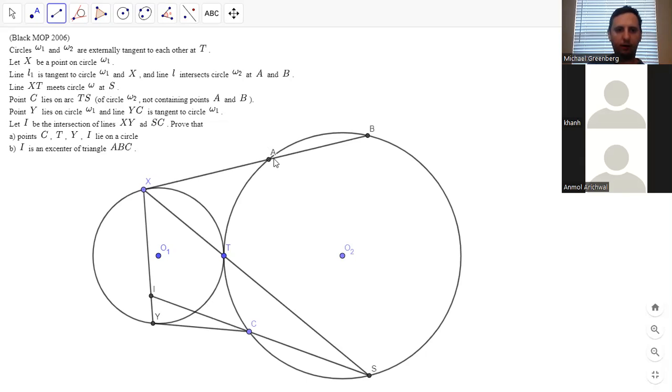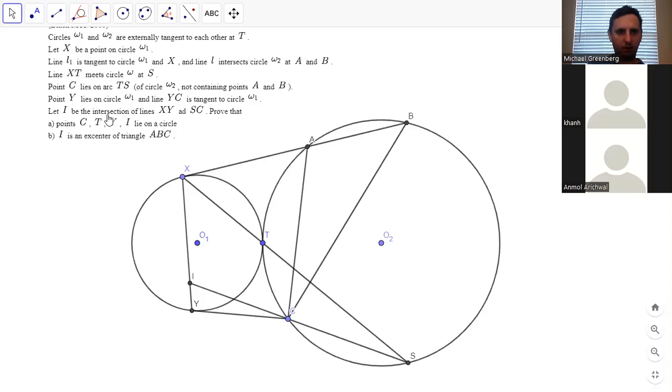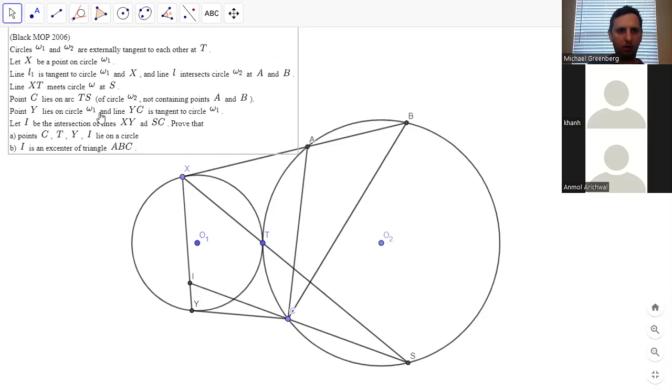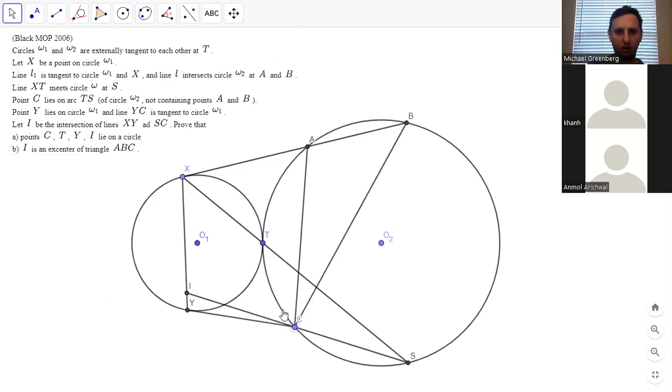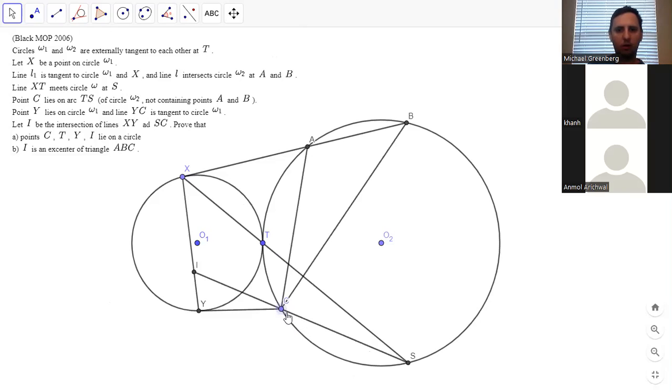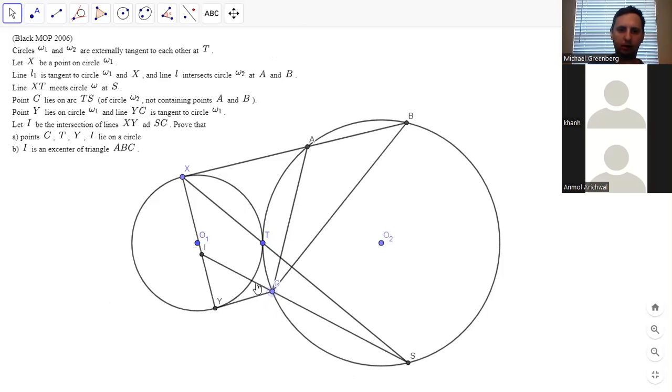So we want to show I is the incenter of ABC. I think I did something like this before, but I forgot the solution. So let's do it. Are BT and I collinear? No, BT and I aren't collinear.